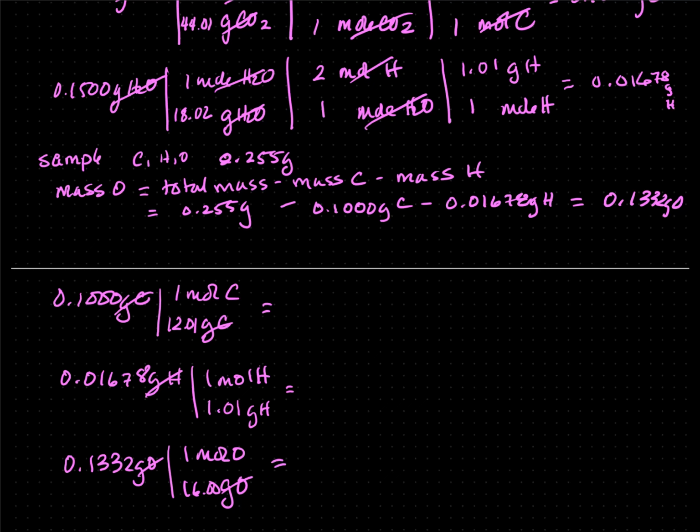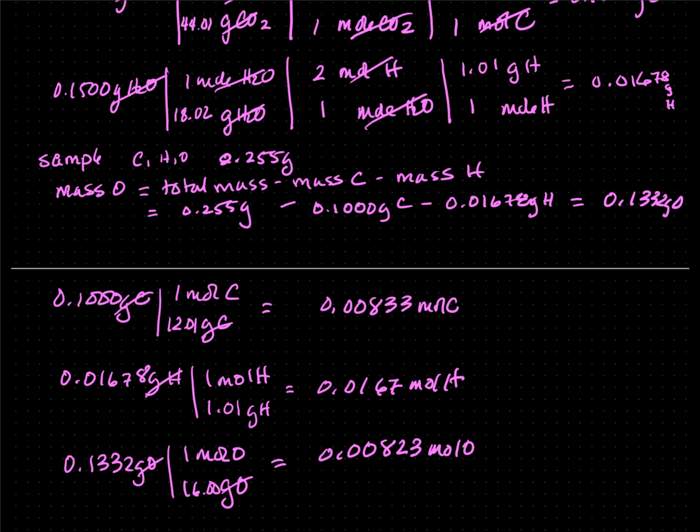So for carbon, you get 0.00833 moles of carbon. For hydrogen, you get 0.0167 moles of hydrogen. And for oxygen, you get 0.00823 moles of oxygen. So now we divide by the smallest.